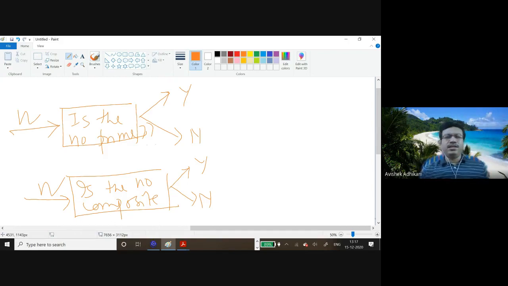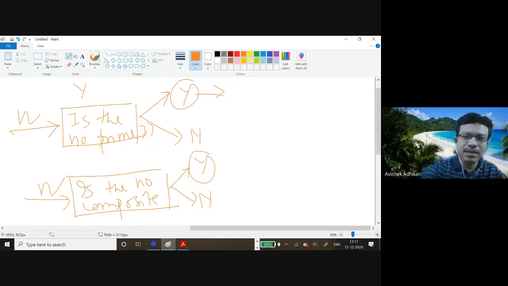But essentially these two statements are different. Both of them I want yes-biased, right? In case of testing is the number prime, if it gives you yes, then the number is surely prime. Here, when it says yes, then the number is surely composite. Here yes means prime, and here yes means composite.